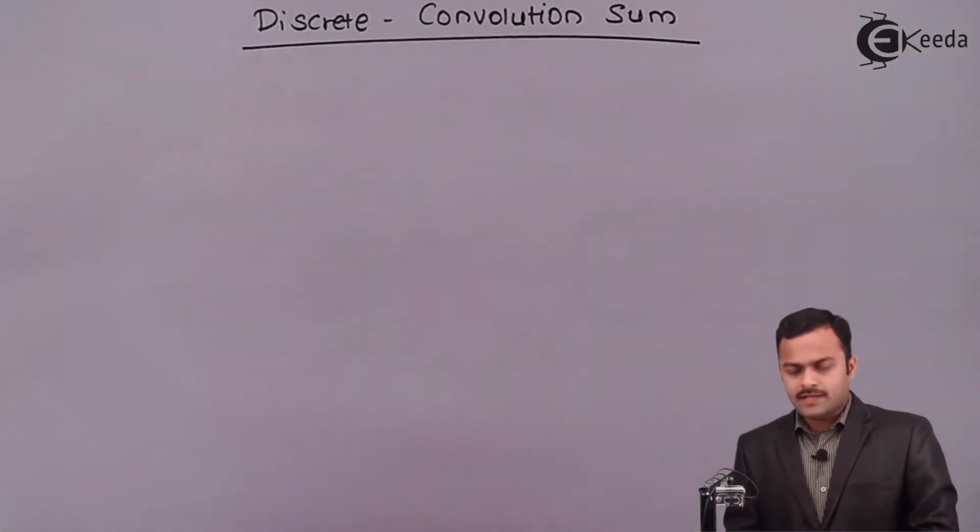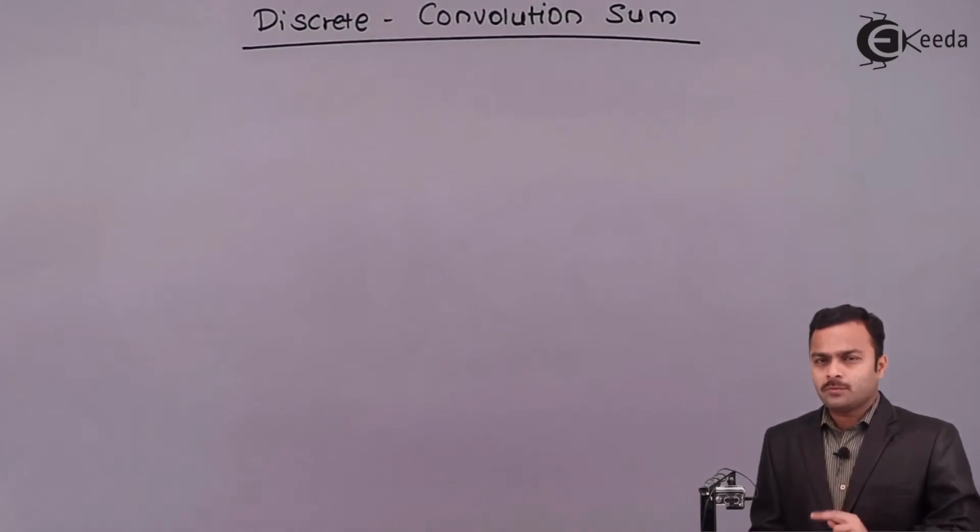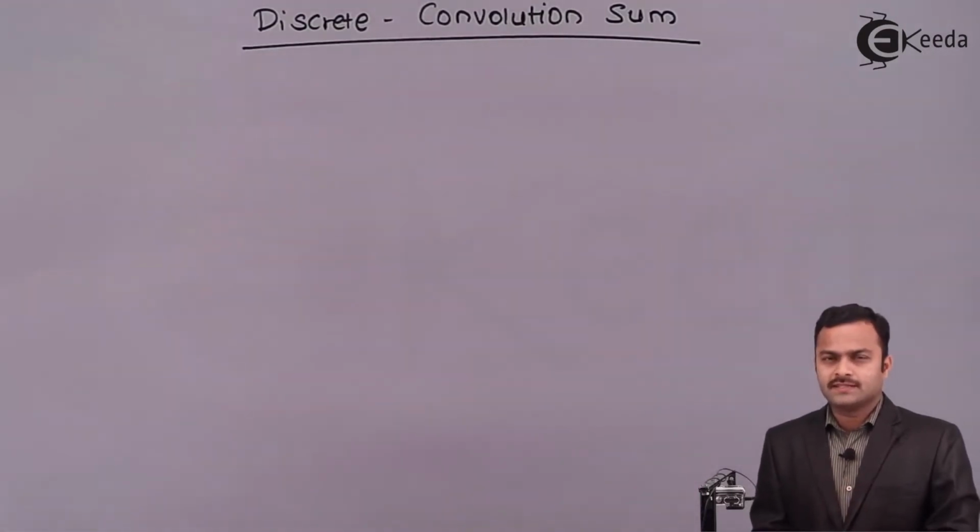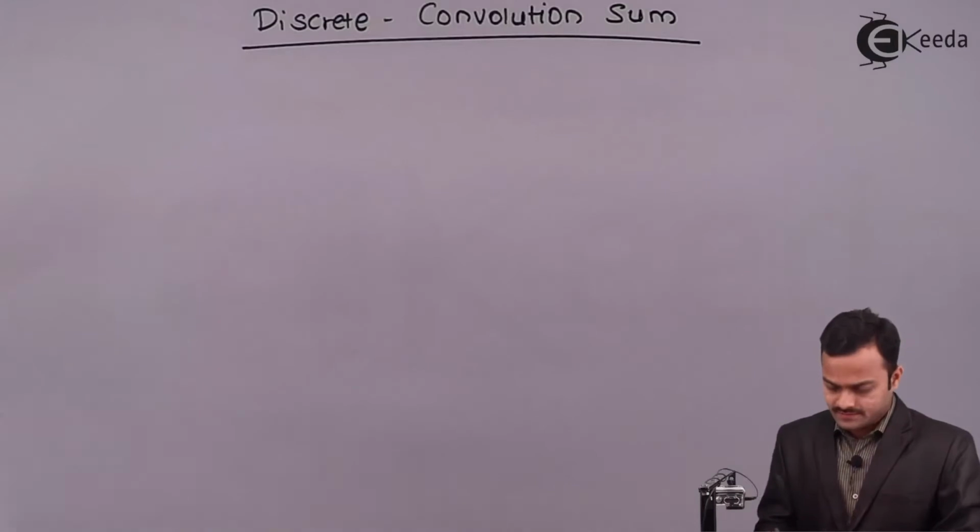In the background, we can see there are two most important properties of any system, and those are linearity and time invariance.